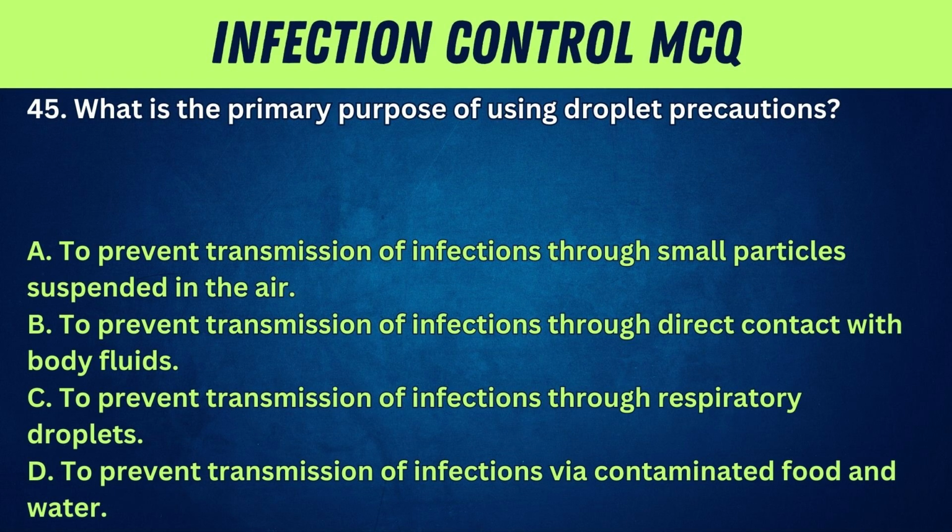45. What is the primary purpose of using droplet precautions? A. To prevent transmission of infections through small particles suspended in the air. B. To prevent transmission of infections through direct contact with body fluids. C. To prevent transmission of infections through respiratory droplets. D. To prevent transmission of infections via contaminated food and water.